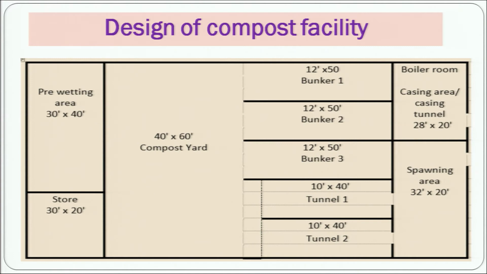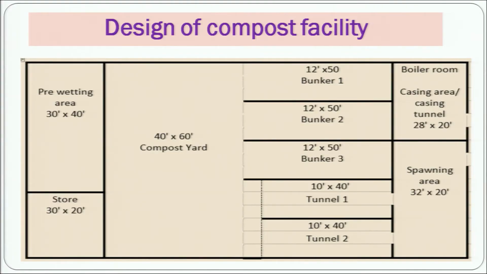Design of compost facility: you can see easily that the pre-wetting area should be 35-40 meters, the store should be 30 by 20 meters, and the compost yard should be 40 by 60 meters. There are 2-3 bunkers. Bunker 1, bunker 2, bunker 3 should be 12 by 15, 12 by 50, also 12 by 30, and the third one is also 12 by 50 meters.